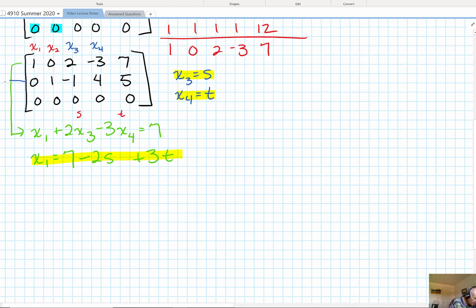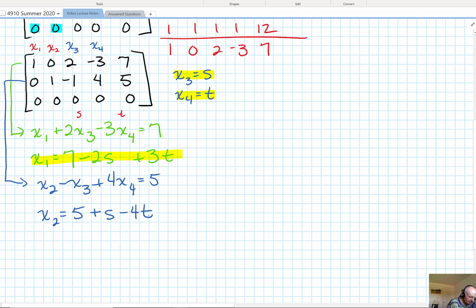Now the second row is going to become this, right? X sub 2 minus x sub 3 plus 4x sub 4 equals 5. And if we solve for x sub 2 and replace x sub 3 and x sub 4, we're going to have 5 plus s minus 4t.